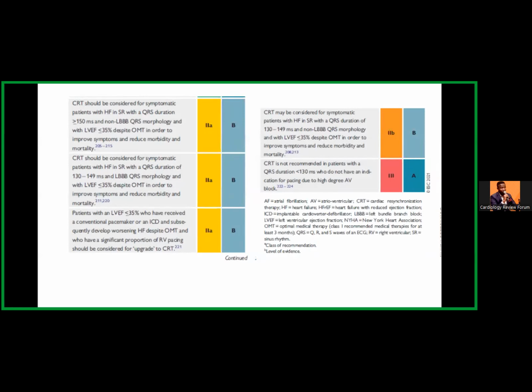In terms of physiology, you would expect a good outcome, but the data are not in support in patients with LBB block that you have to do biventricular pacing. So let's just keep that in mind.